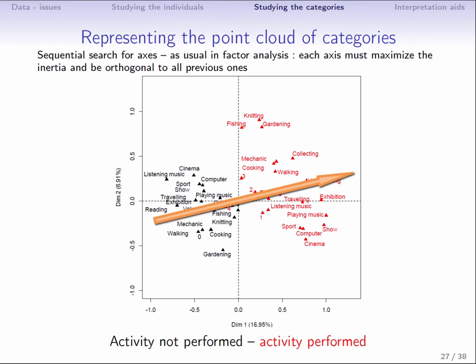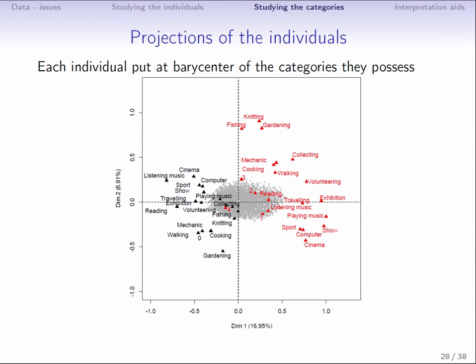A first dimension, or rather a first diagonal, that separates individuals doing lots of activities from those doing few, and a second diagonal dividing generally young person activities from older person ones. In a similar kind of way to what we did when studying the individuals, we can project individuals onto this plot of the categories.